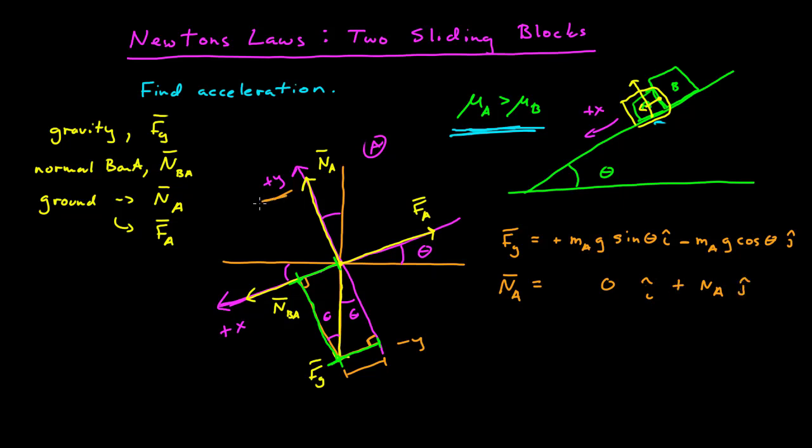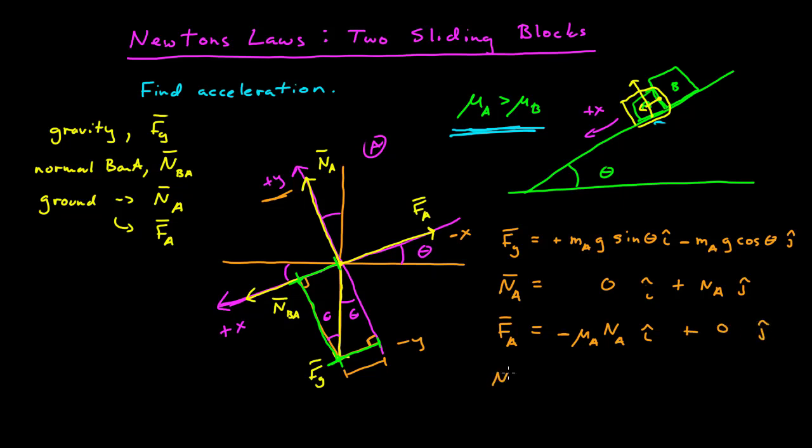Now that gives me my frictional force on A, and it has a magnitude equal to the coefficient of friction between the ground and A times the normal force on A. That's from our contact force model. It is along the x-axis, but given my coordinate system, this is negative x, so it has its entire magnitude along the negative x direction and nothing in the y direction.